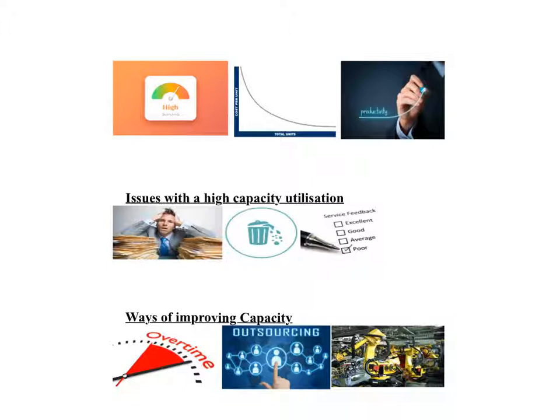Other ways of improving capacity, for example, overtime might be an option, because if you've only got so many hours within their contract and there's more demand, and they need to make sure that they're continuously utilising, then what they could do is bring in the staff.